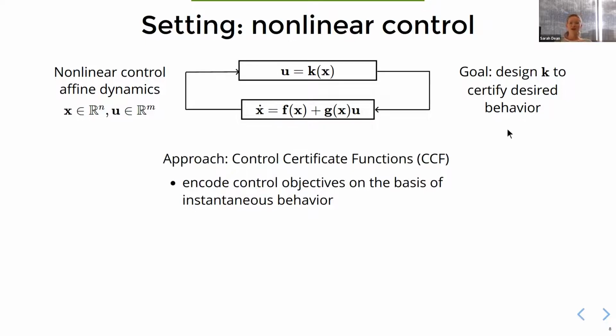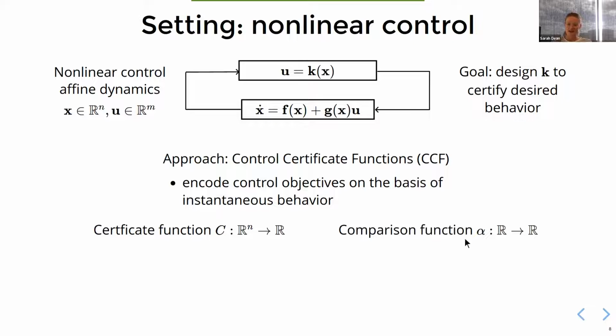So rather than reasoning about long-term trajectories, which is quite difficult in nonlinear systems, we can reason really about the instantaneous behavior while guaranteeing these longer-term objectives. Now, a control certificate function approach has two pieces. The major one is a certificate function, which maps states to real numbers. And the secondary component is a comparison function, alpha, which maps real numbers to real numbers.